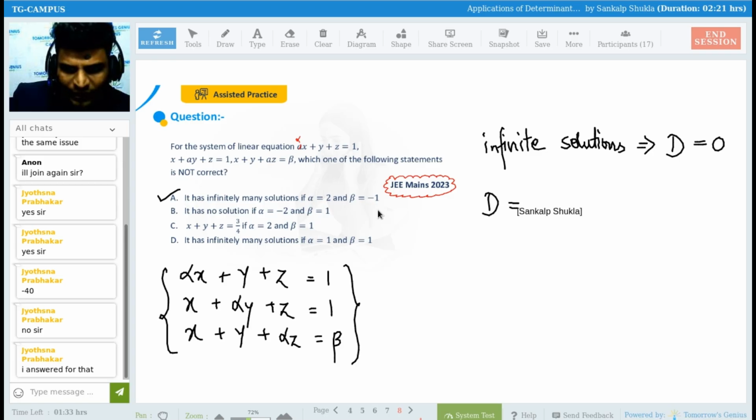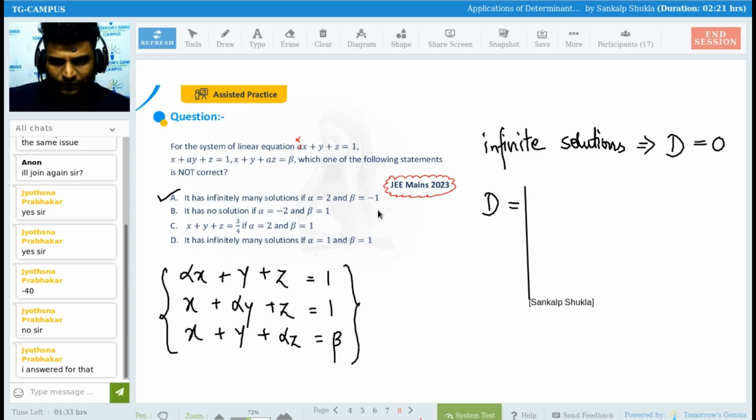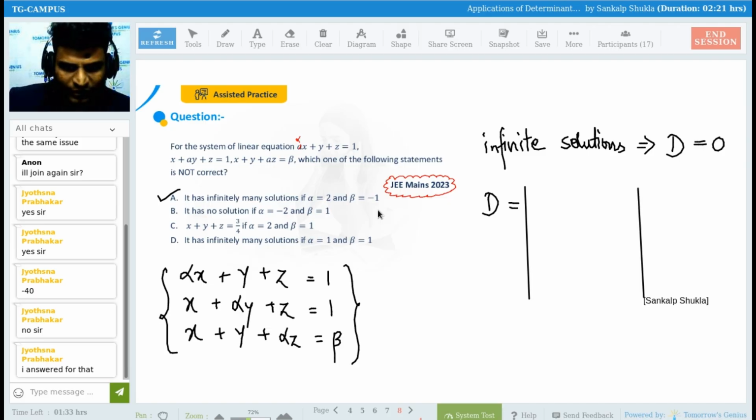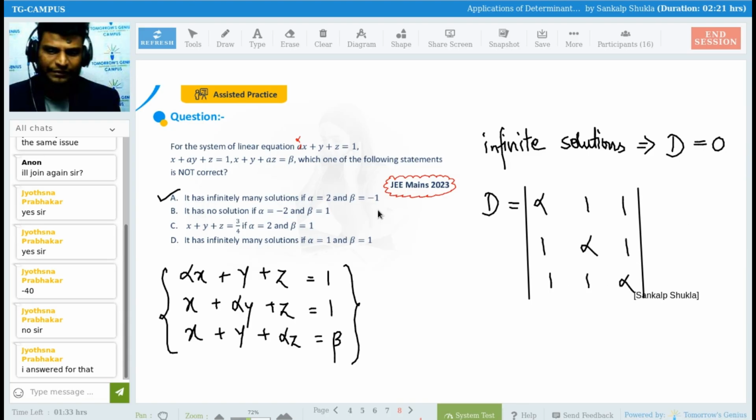Now what is the value of D over here? So if I just find the value of D, it will be alpha 1 1, 1 alpha 1, 1 1 alpha. Fine. So I have to put that value equal to 0.